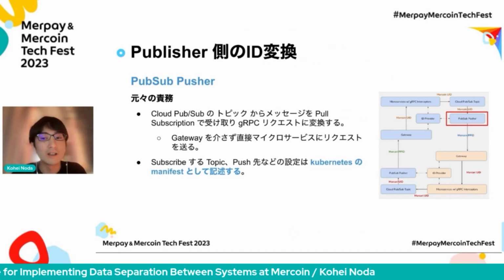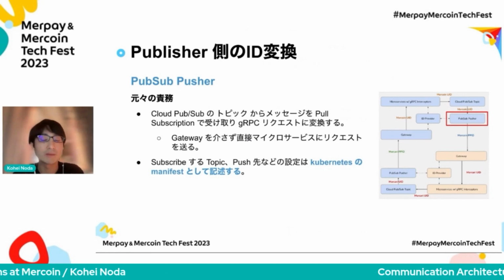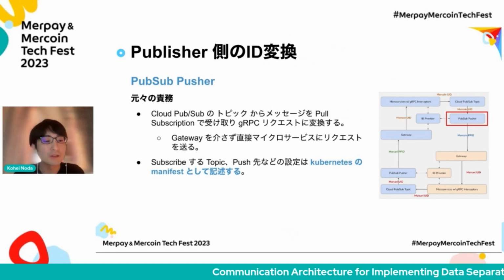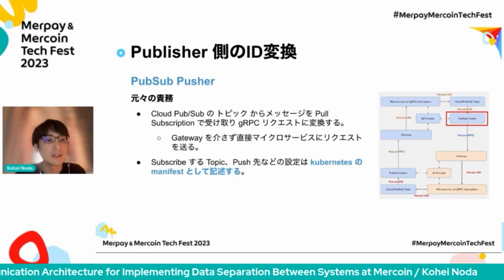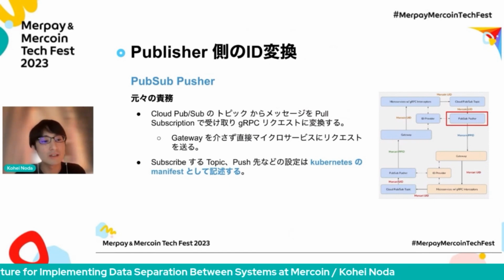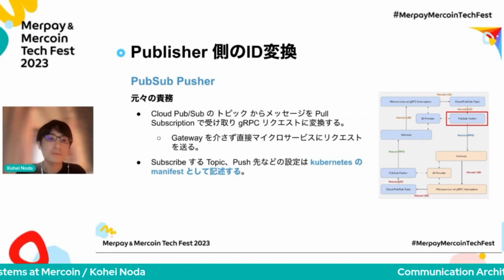Due to implementing pull subscription for asynchronous communication, the subscribed Cloud Pub/Sub topic and the destination to send the gRPC request are described as a manifest, so it becomes a custom resource implemented behind the scenes.